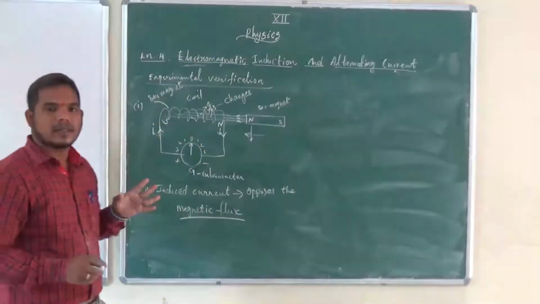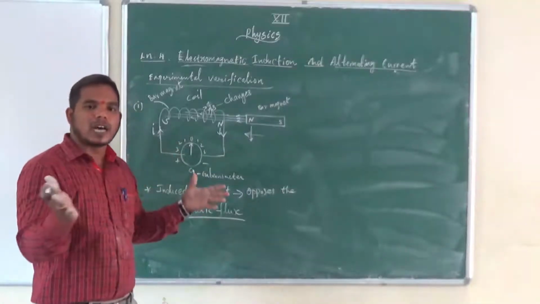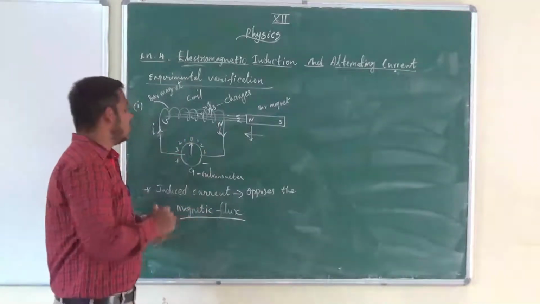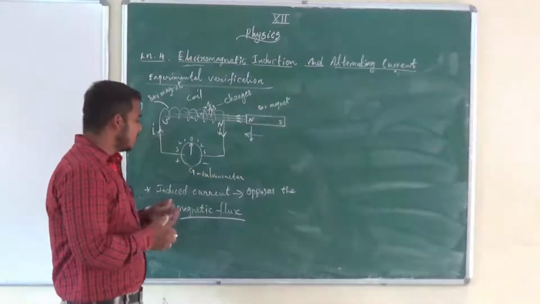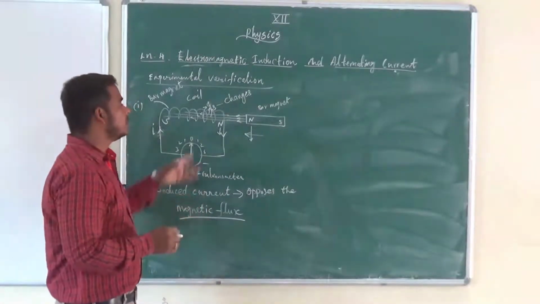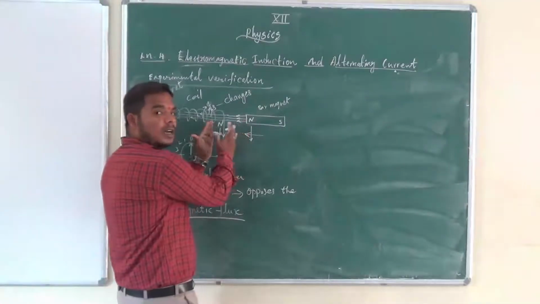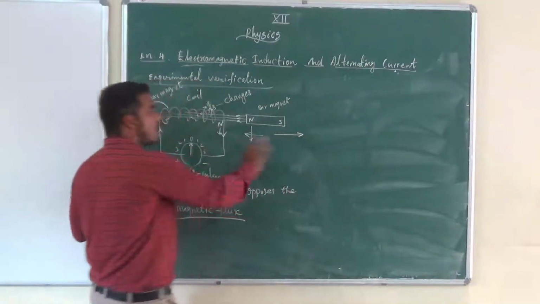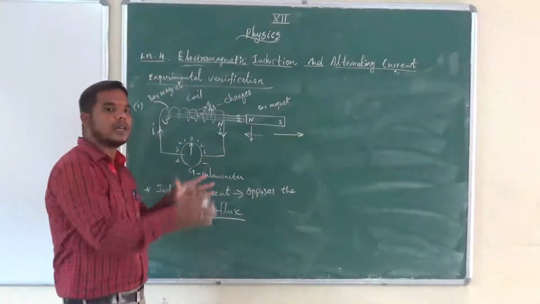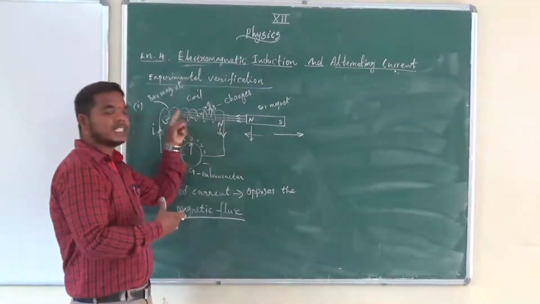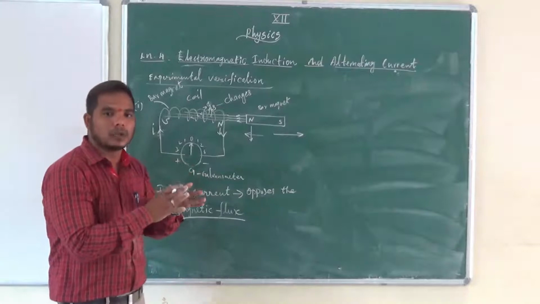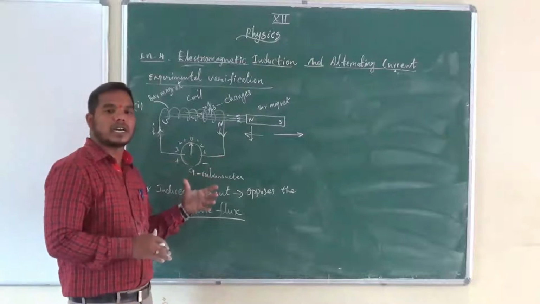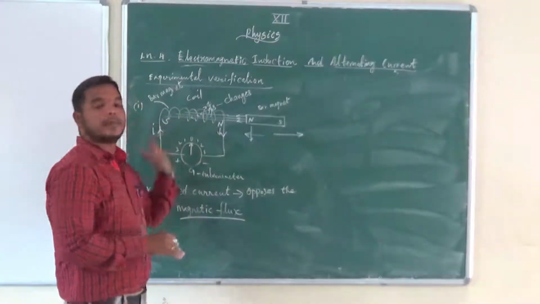In lower classes we studied that like poles repel and opposite poles attract. So the increasing magnetic flux is stopped, because north and north poles repel, as if the bar magnet were moving away from the coil. Moving away means the magnetic lines crossing the given area are going to be cut. That's why the induced current opposes the increasing magnetic flux.